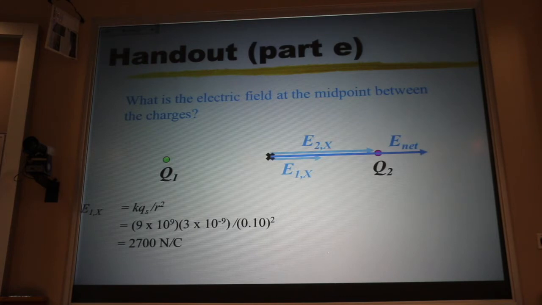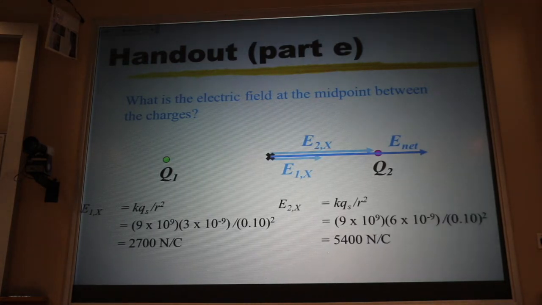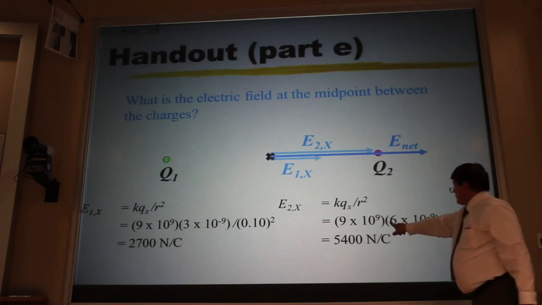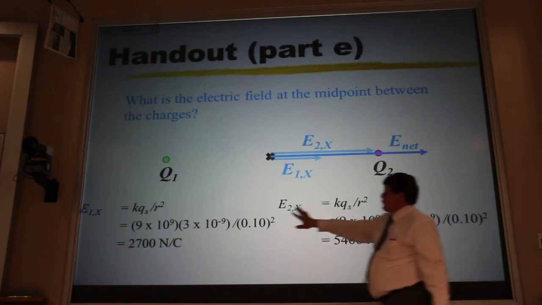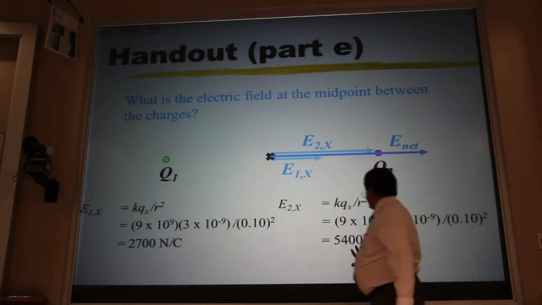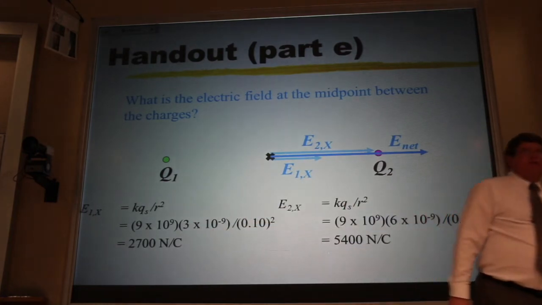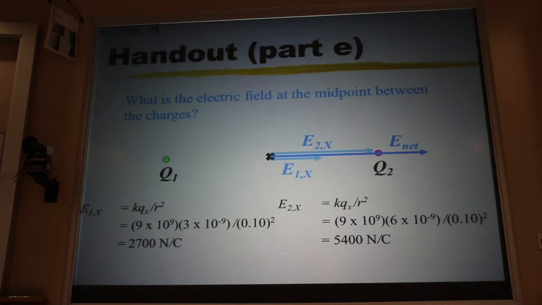I find 2,700 newtons for each coulomb. When I do it for Q2, notice I don't put the minus sign there. And notice because my charge is twice the magnitude, I get a field that's twice the magnitude, or 5,400 newtons for each coulomb. Since they're both pointing the same direction, I add them, and I get 8,100 newtons for each coulomb.